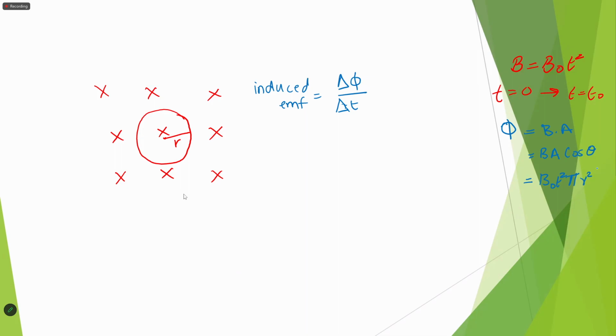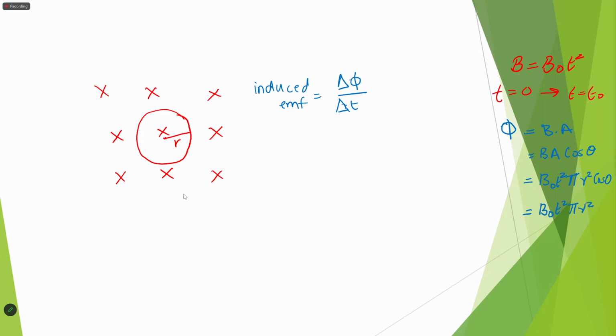So cosine of 0 will give you 1. So this will become B naught t square pi r square.